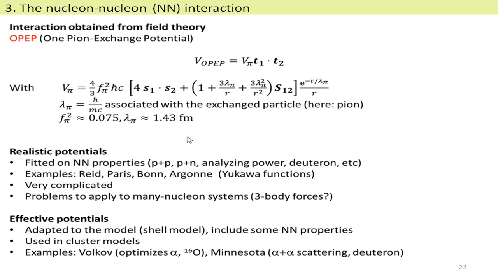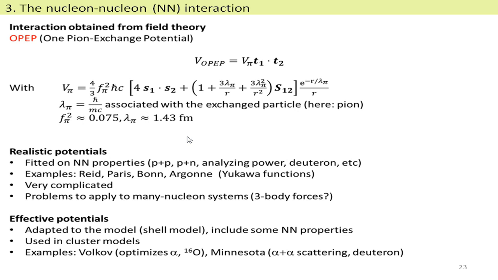The other alternative is to use effective potentials which are adapted to the model. In cluster models, we use shell model orbitals, so the nucleon-nucleon potentials that we use are adapted to that, and they include some nucleon-nucleon properties.